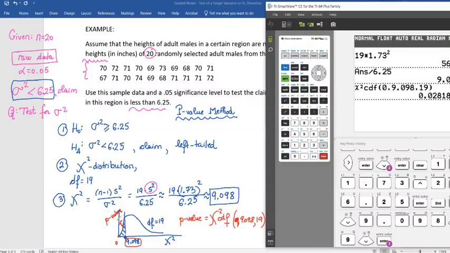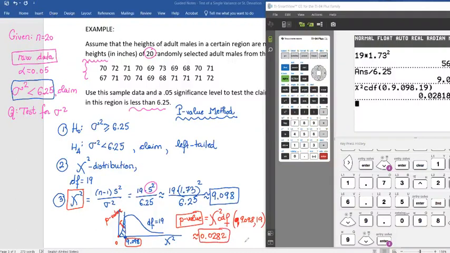Just make sure you make the connection of how the test value is related to the p-value. The test value is the value on the axis. The p-value is the corresponding area under the curve. So for the p-value here, we found 0.0282. So this is an area.